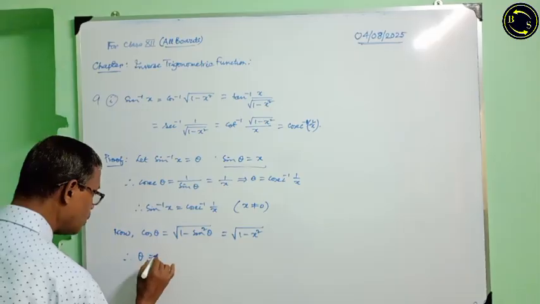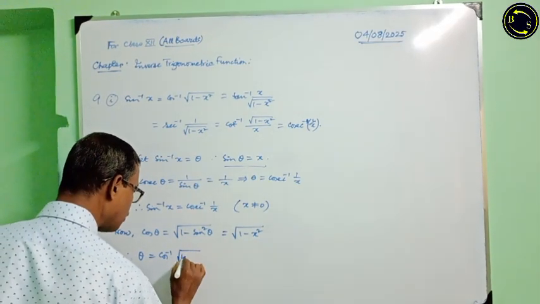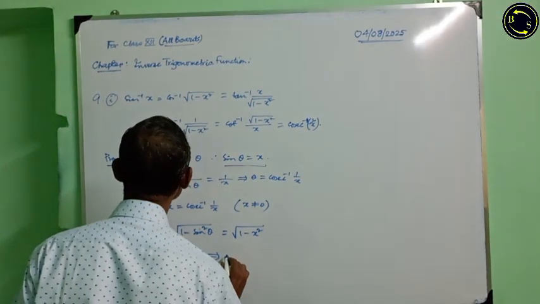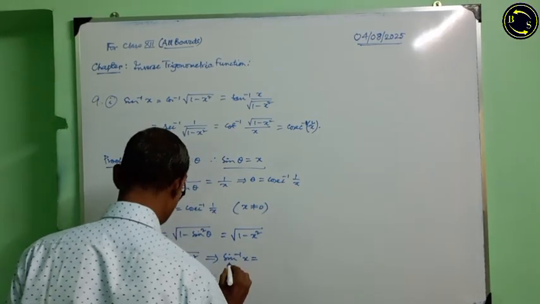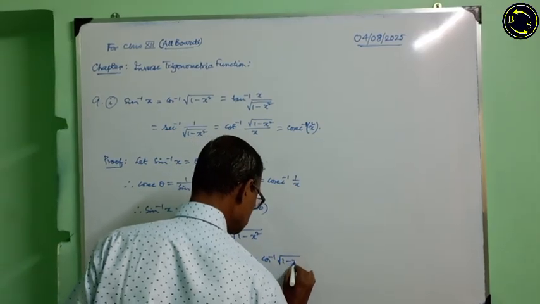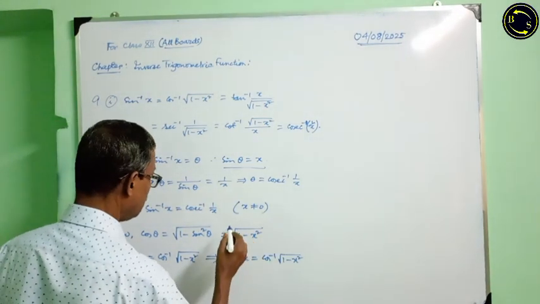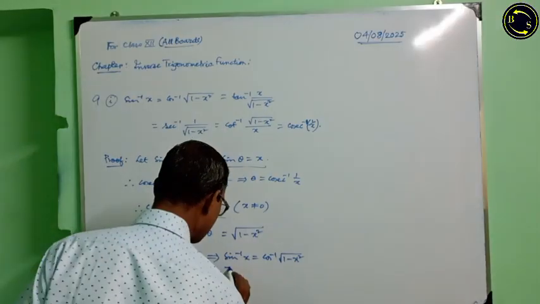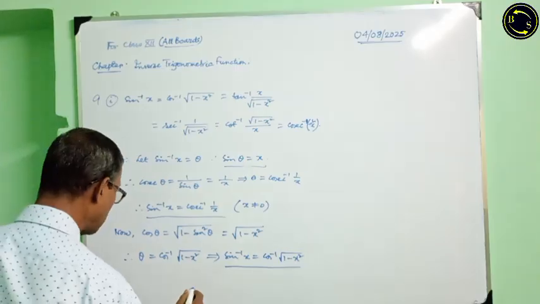Therefore, theta equal to cos inverse root over 1 minus x square. Sine inverse x equal to cosec inverse 1 by x. Sine inverse x equal to cos inverse root over 1 minus x square.